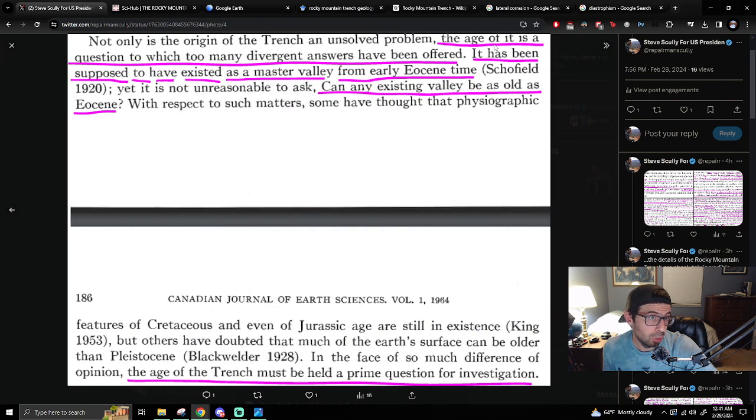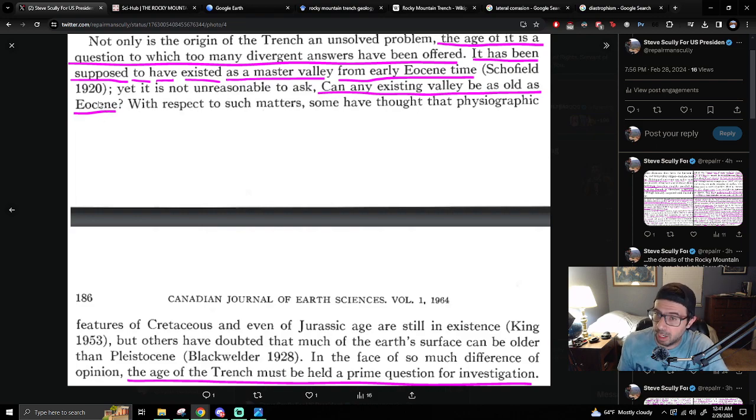The age of it is a question to which too many divergent answers have been offered. It has been supposed to have existed as a master valley from early Eocene time. Can any existing valley be as old as the Eocene?